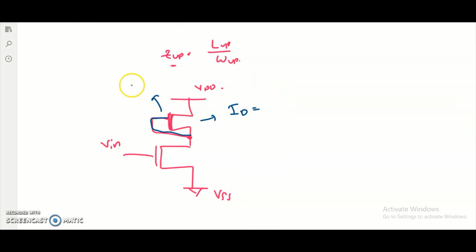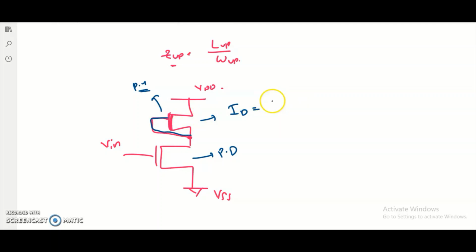So here in this case, the depletion mode NMOSFET acts like a pull-up section, and this enhancement mode NMOSFET acts like a pull-down section. So for this pull-up section, if it is in the saturation mode, why is it in the saturation mode? Because the gate and source are short circuited, so it is continuously in on state.